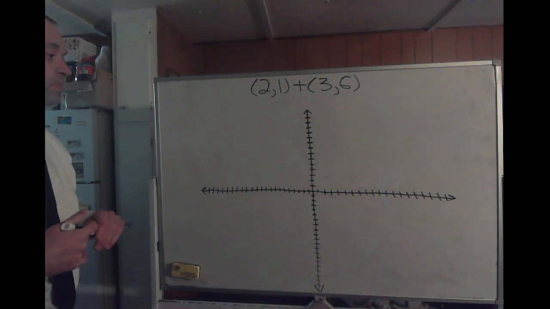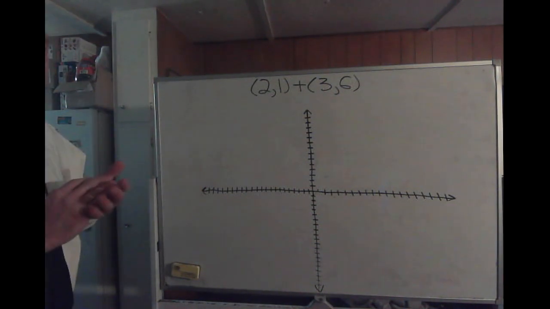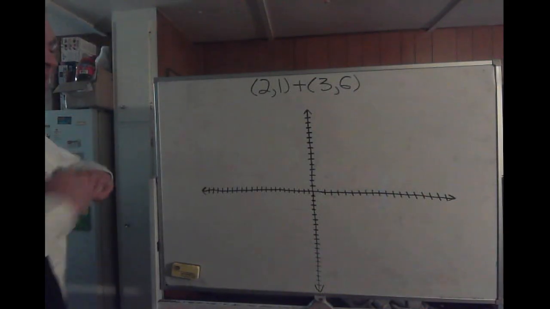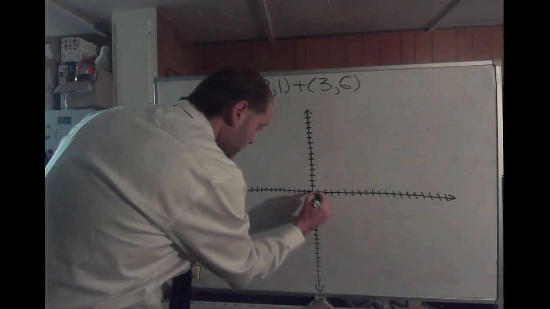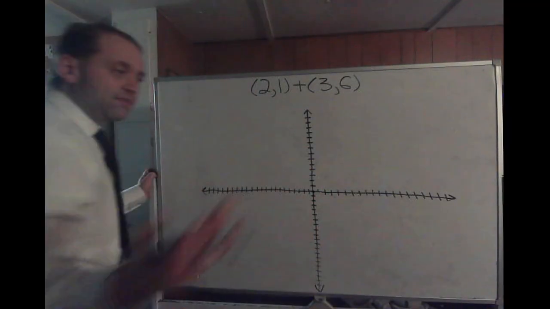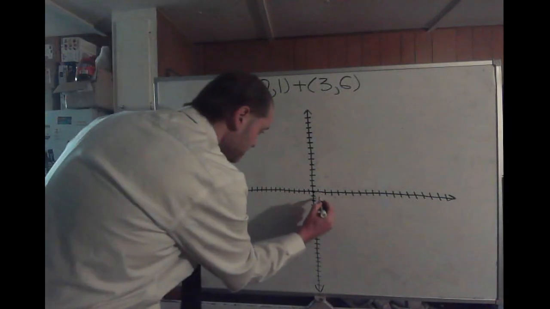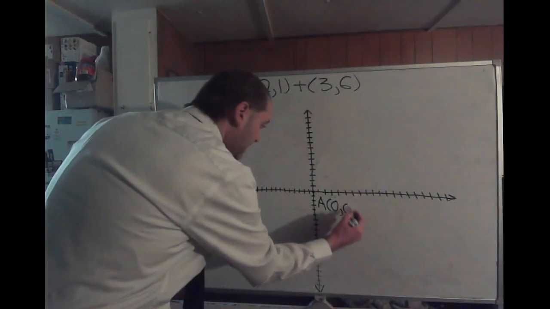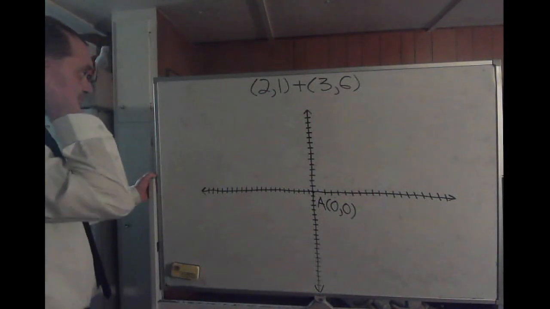So when you're doing these, if you need to illustrate it, start your point A at 0, 0. Start at the origin, right? Because after all, that's where you're starting out, so your point A will be at 0, 0.